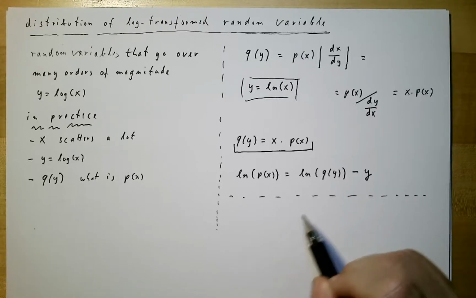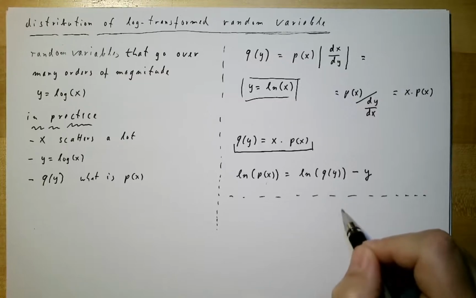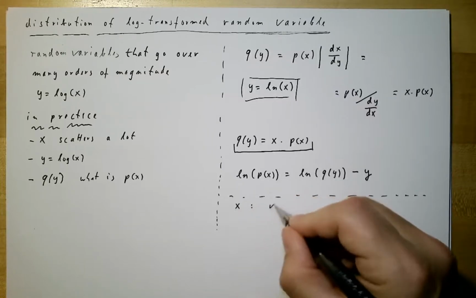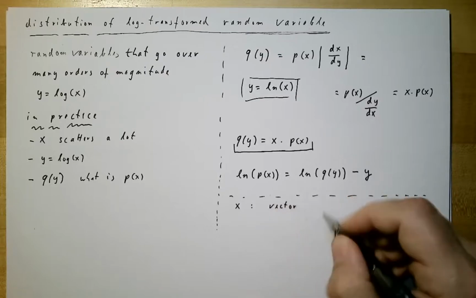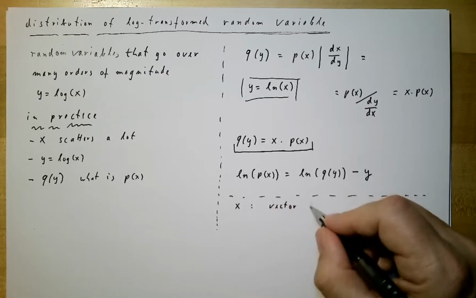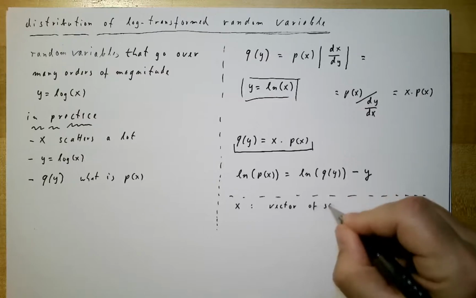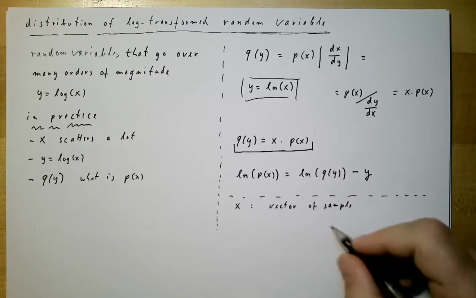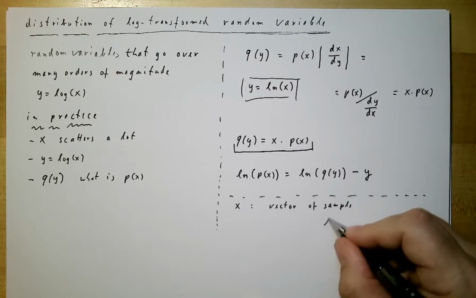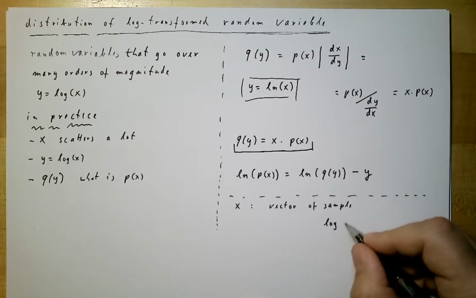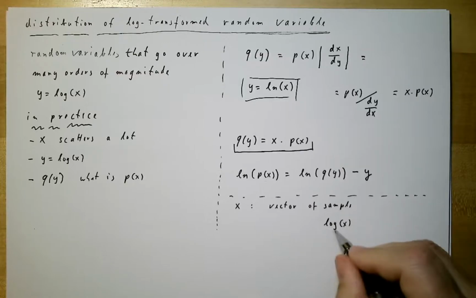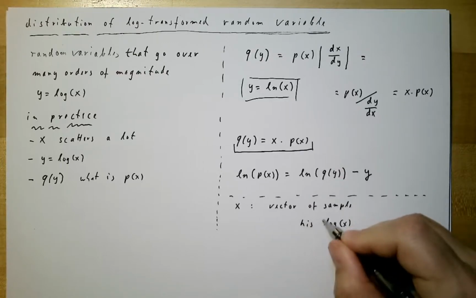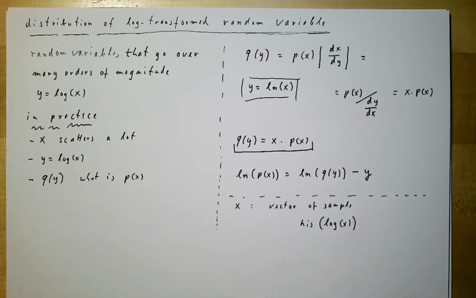So let's say x is a vector of our sample, our random variables. Now we compute the log of x, so this makes a natural logarithm, and then we make a histogram, for example in MATLAB.